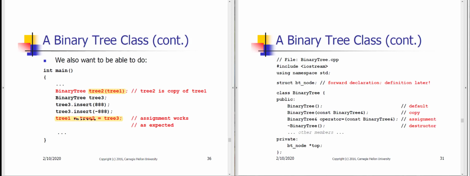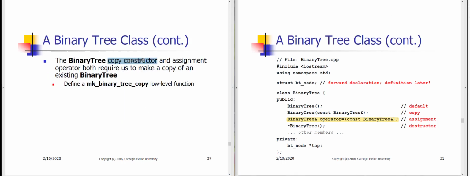Furthermore, we want assignment to associate from right to left and to return a value so that a statement like tree1 gets tree2 gets tree3 makes sense. Of course, this should be evaluated as tree3 being assigned into tree2 and then tree2 being assigned into tree1. So this is going to require us to define the copy constructor and the overloaded assignment operator. That's what we're going to take a look at next.